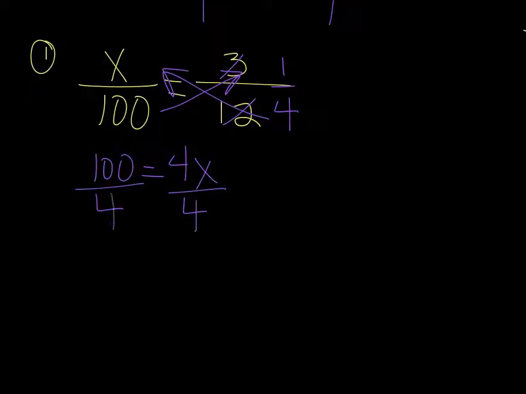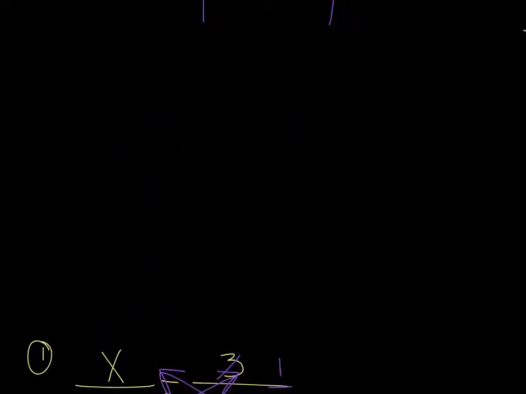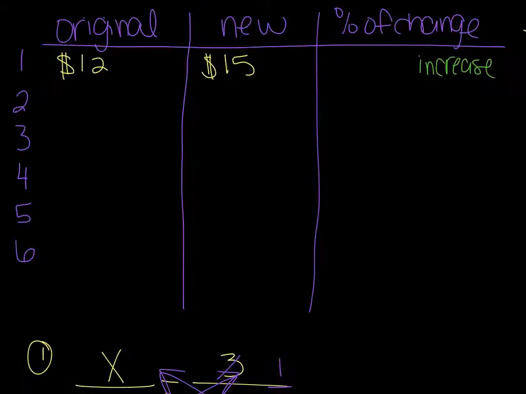Divide both sides by 4, and I should get 25. 25 what? Percent. Very good. Very good. 25%. So let's go ahead and fill that into our table. We had a 25% increase. Okay, questions on number 1.